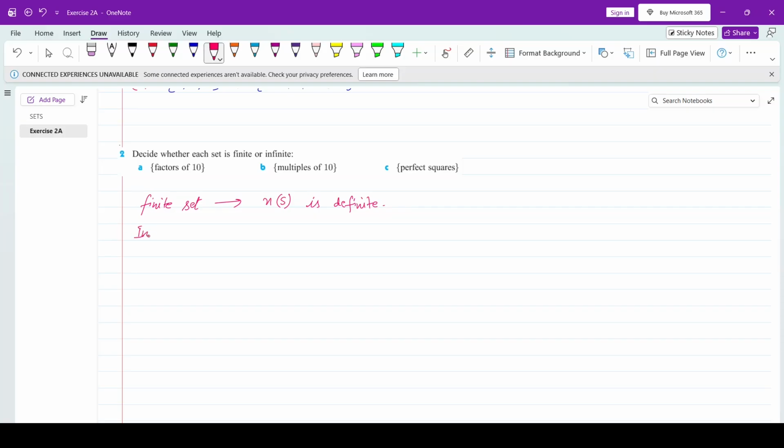However, an infinite set is the one that does not have a definite value for this term.